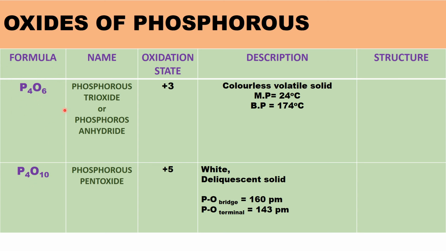Here the two important oxides of phosphorus are shown, that is P4O6, known as phosphorus trioxide or phosphorus anhydride. In this molecule, phosphorus shows +3 oxidation state.